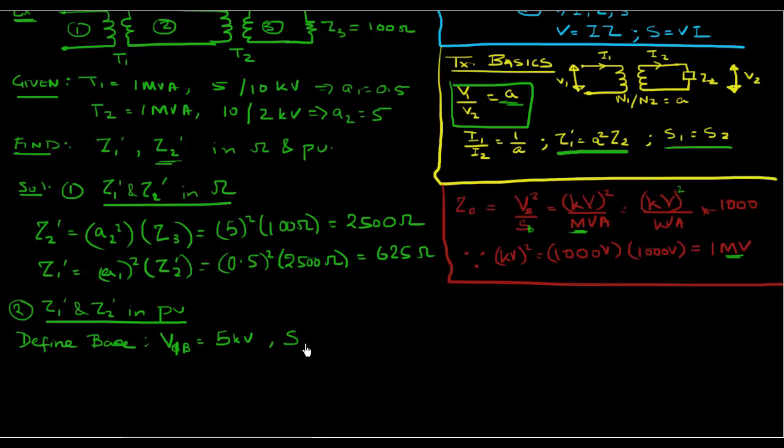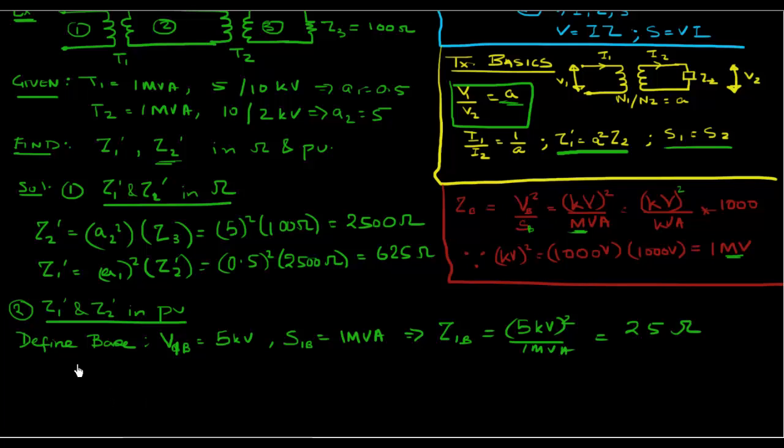And then my power base in circuit 1 is 1 MVA, which implies my Z1 base is going to be 5 kV square over 1 MVA, which makes this 25 ohms. I believe that should be correct.